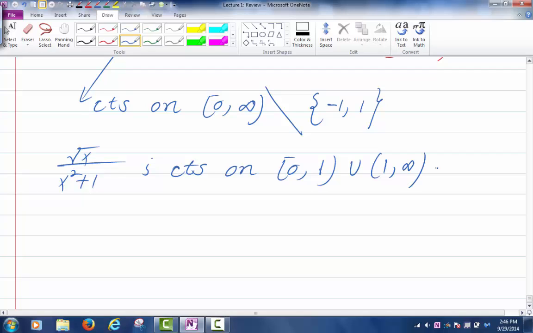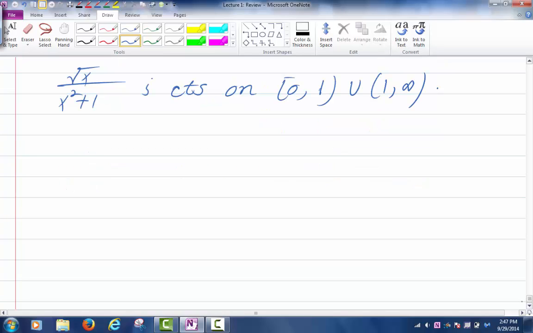In fact, that's the domain of that function, okay? How would you find the domain of this function? Exactly the same way. Is that making sense? So that's the domain as well as where the function is continuous.